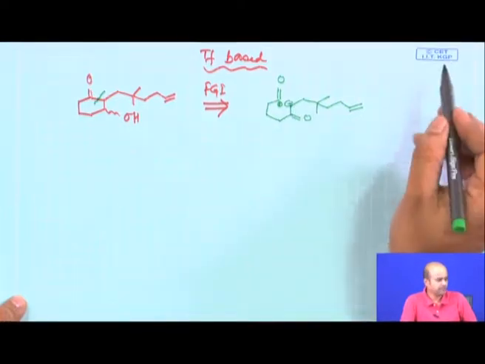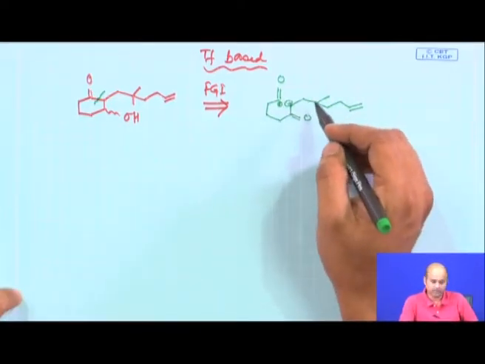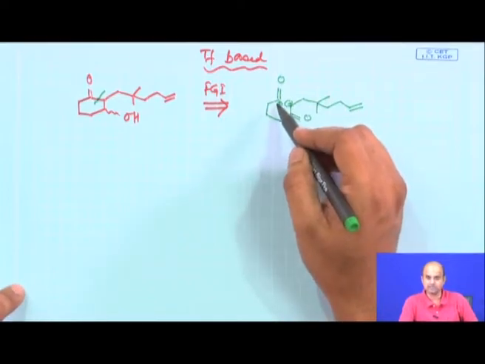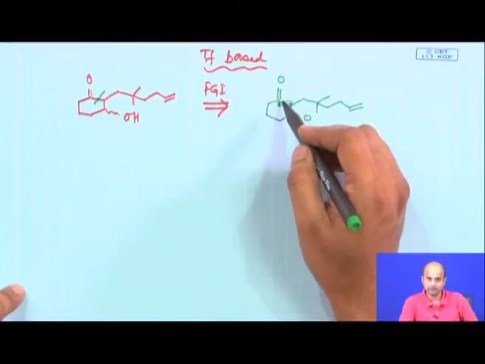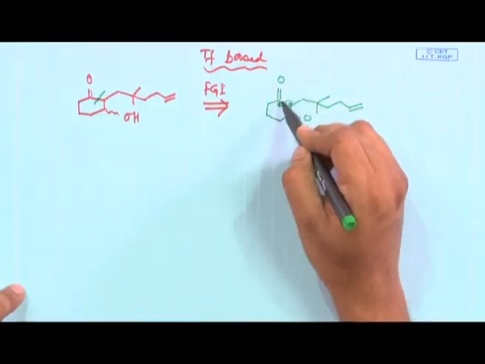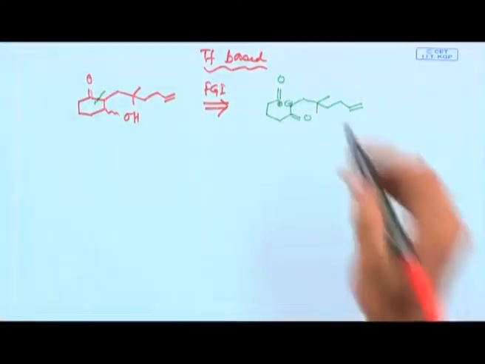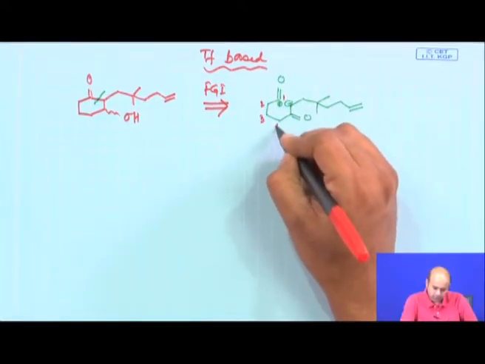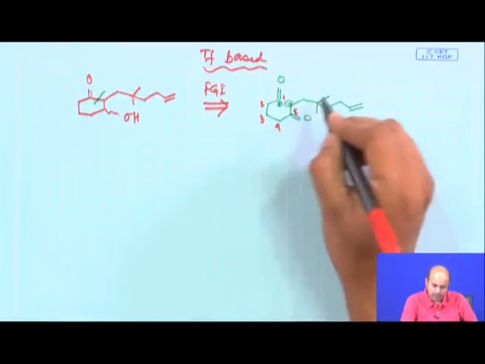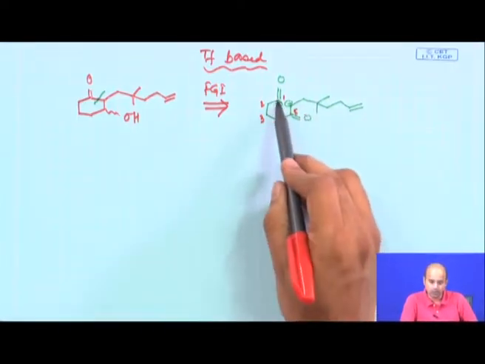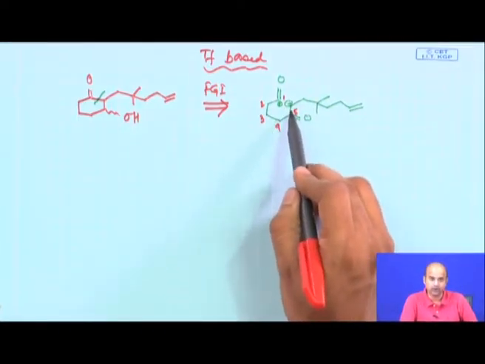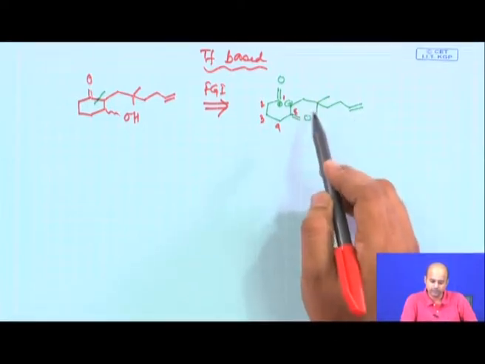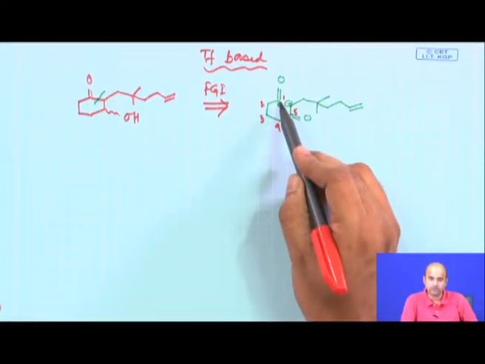So, basically an intramolecular reaction can take place if you count 1, 2, 3, 4, 5. If you have a properly substituted 1,5-dicarbonyl compound, you can do an intramolecular displacement reaction.